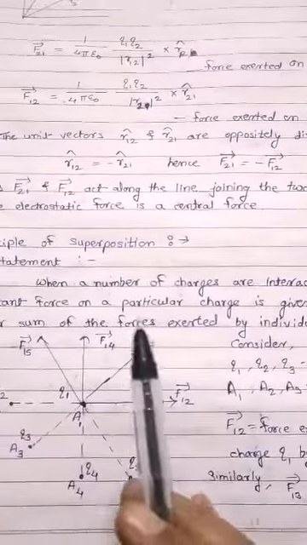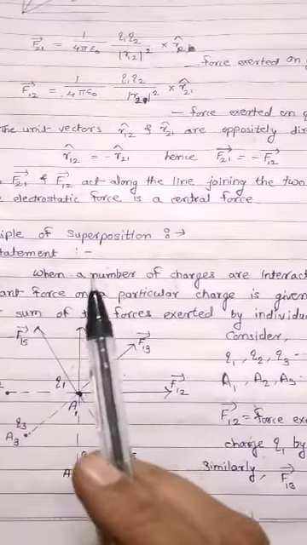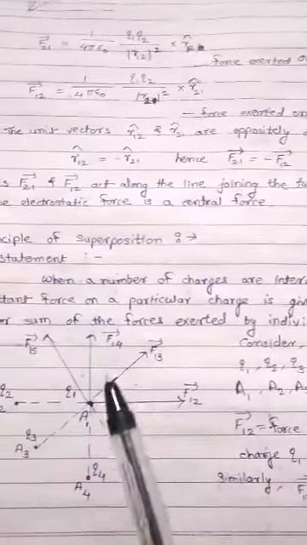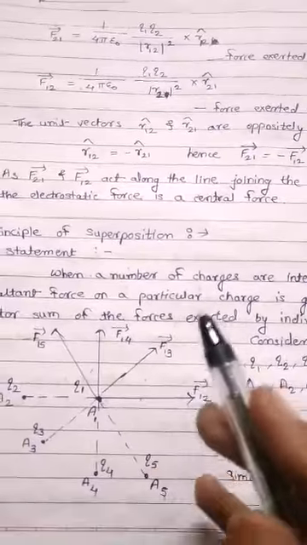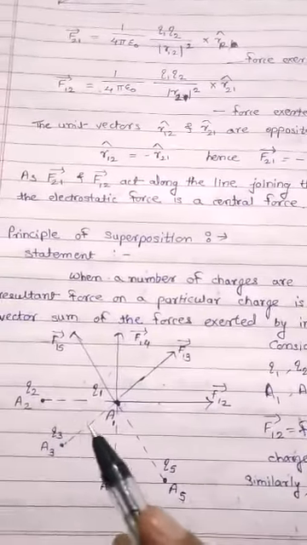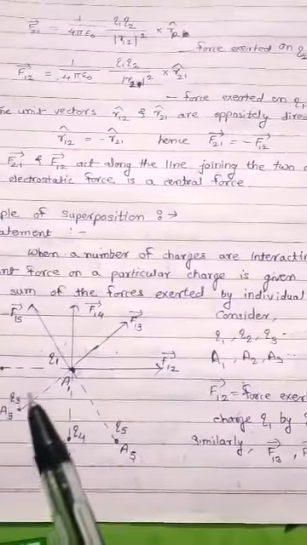What is the meaning of this statement? Suppose Q1, Q2, Q3, Q4 and Q5 are the charges interacting.